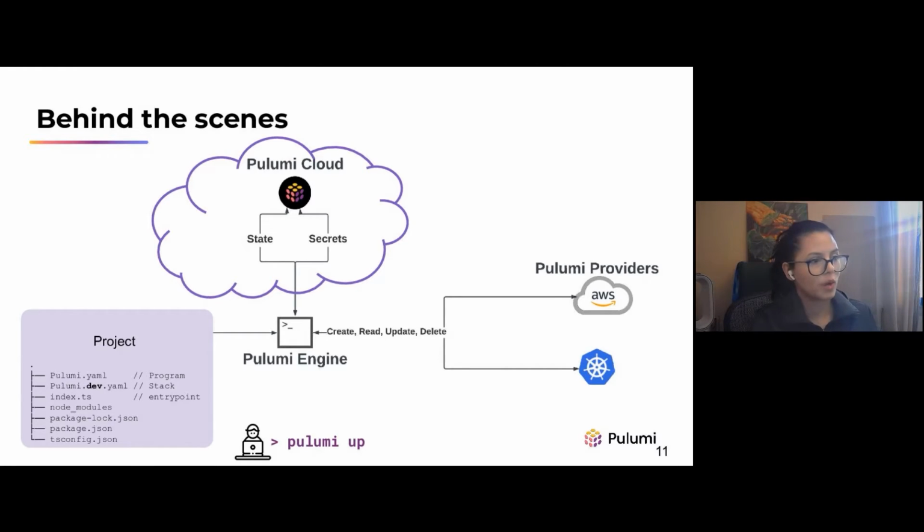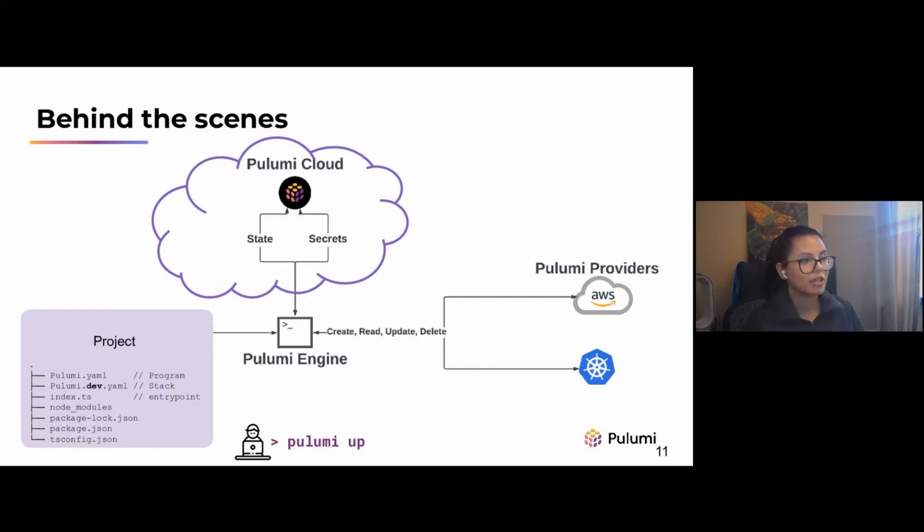So what happens when you are in front of the terminal and you type pulumi up and press enter? The Pulumi engine is going to kick off. It's going to take your Pulumi program and your stack definition and see what it is that you have specified. It's going to see, okay, you want an S3 bucket, and for that, I need the AWS provider. So let me go fetch it from the internet and download it locally. Now, we don't use anything novel here.